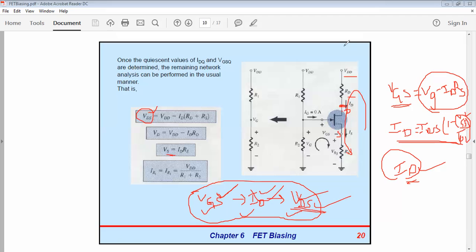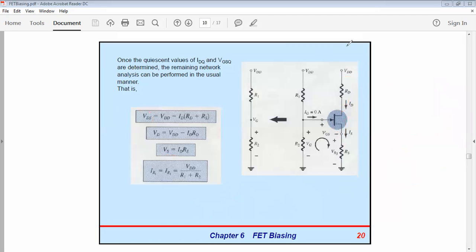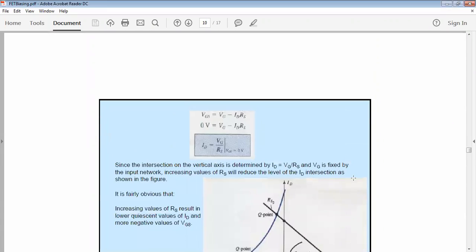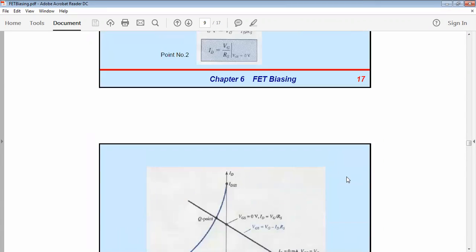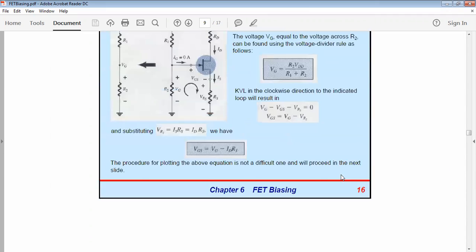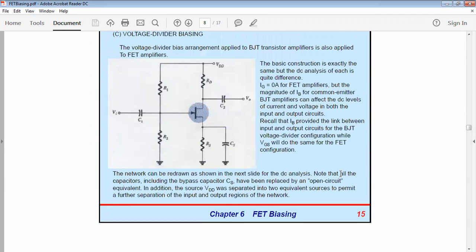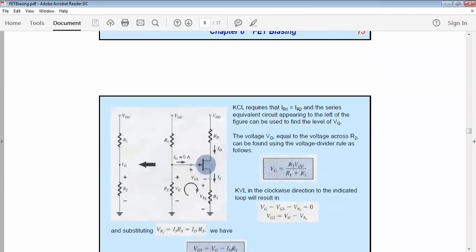This is voltage divider biasing. The same concept is applicable whether it is a BJT device, a JFET or depletion mode MOSFET, or enhancement mode MOSFET.